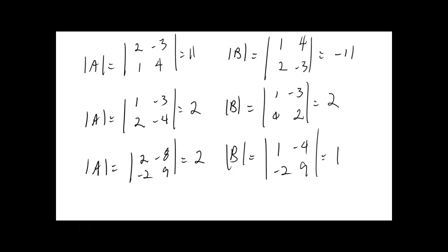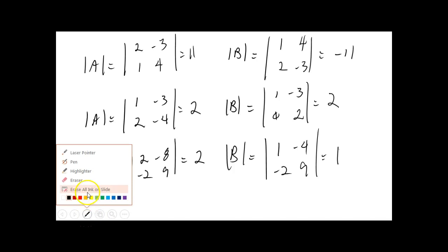But if you multiply one row by a non-zero number, you multiply the determinant by the same non-zero number. So those are the three rules. Let's formalize that in the theorem. Let A and B be square matrices.